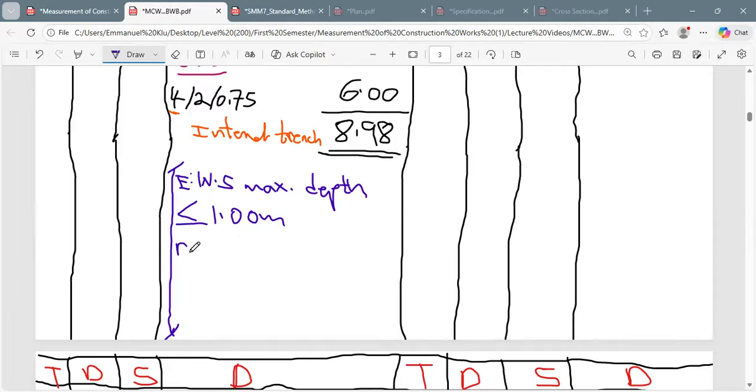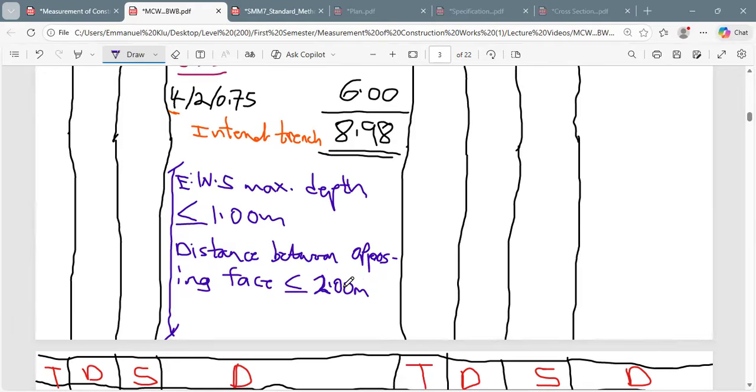And in the next column, we are saying that the distance between the opposing faces is less or equal to 2.00 meters.